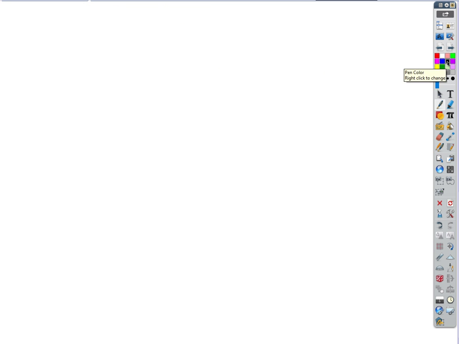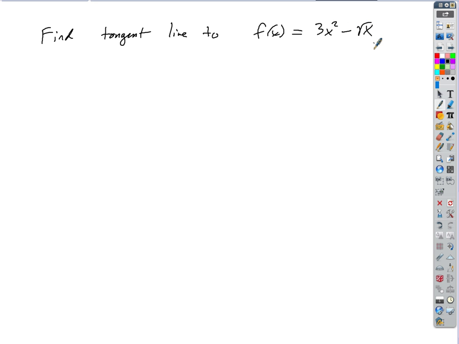Next issue would be, what if we want to find, let's say, the line tangent to the curve f of x equals 3x squared minus the square root of x at x equals 4.